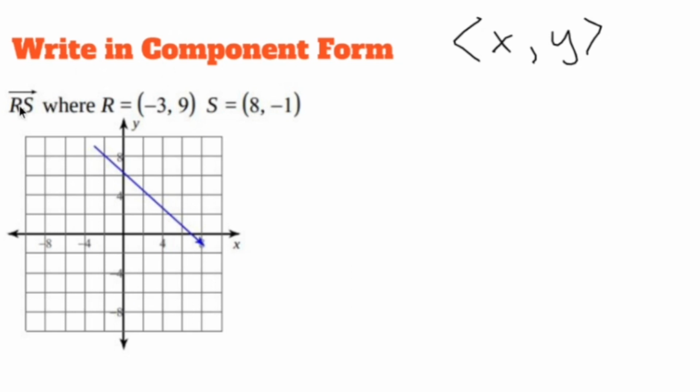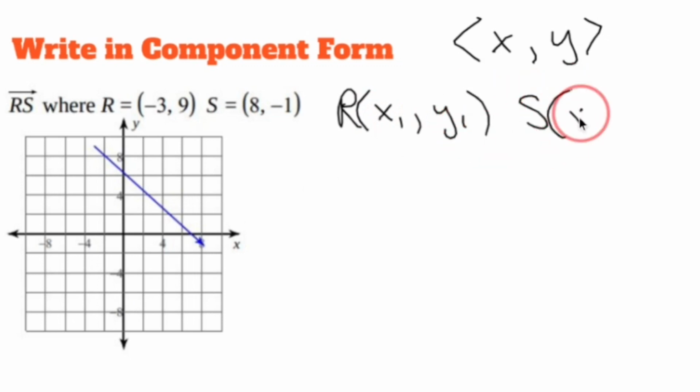Now, the way we find this: R is my starting point for this vector, so we're going to call R (x sub 1, y sub 1). And we're going to call S, which is the arrow end, (x sub 2, y sub 2). To make this look like this, we are going to use this formula right here.